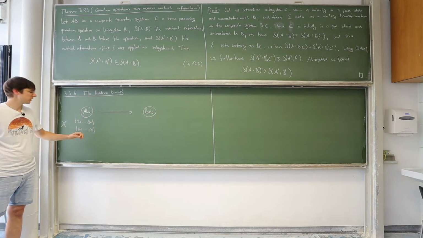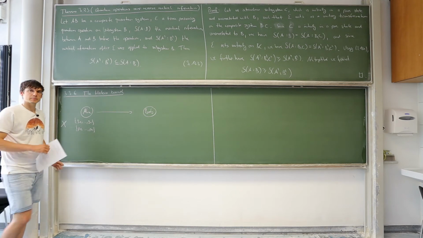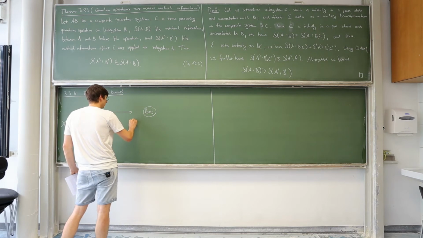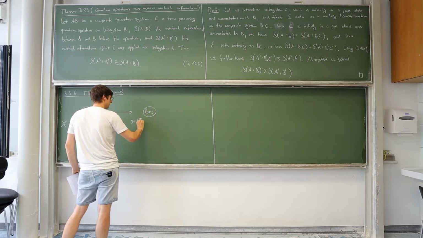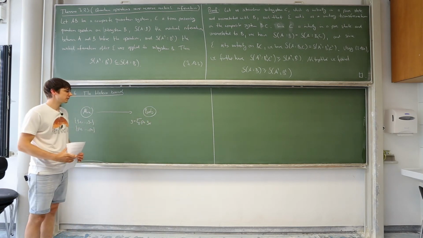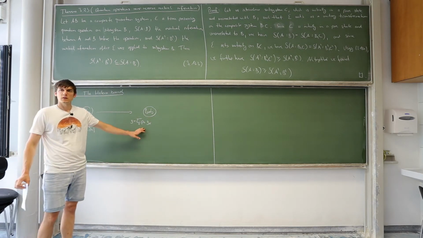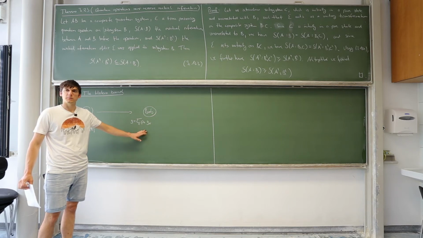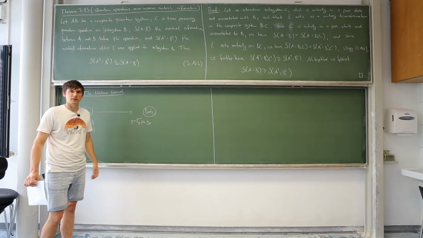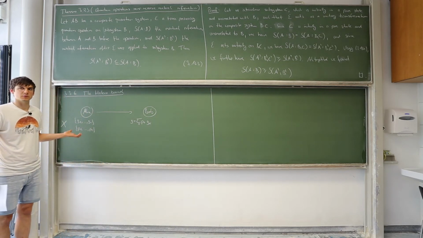And Bob knows that she's drawing from this ensemble with these probabilities. So what he gets is the state rho equal to the sum over x of px rho x. His task is to figure out what the outcome of this random variable was. So which state did he get? That's his task, and this is the scenario that we considered very often.